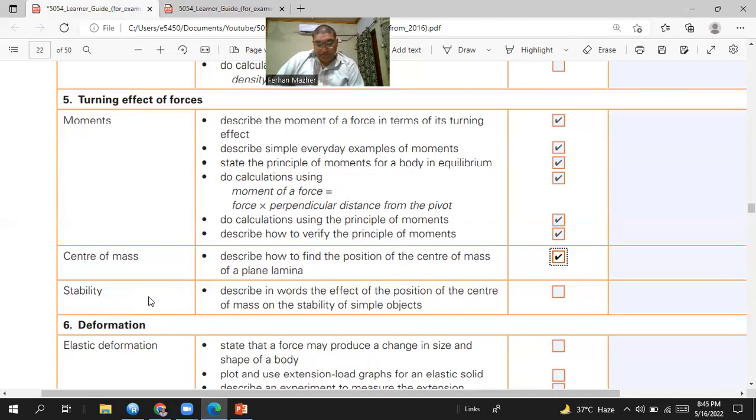So if you know the center of mass, from the center of mass, draw a vertical line exactly downward, which shows the line of action of the weight. If the line of action of the weight is inside the base, the body will not topple. And if the line of action of the weight is out of the base of the body, it is going to fall in that direction.